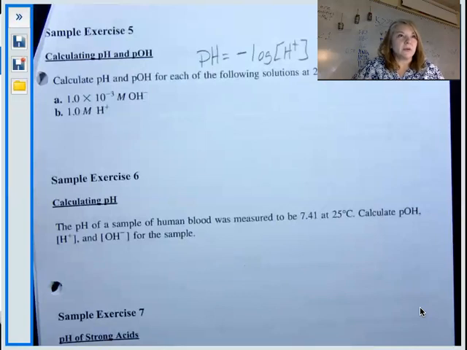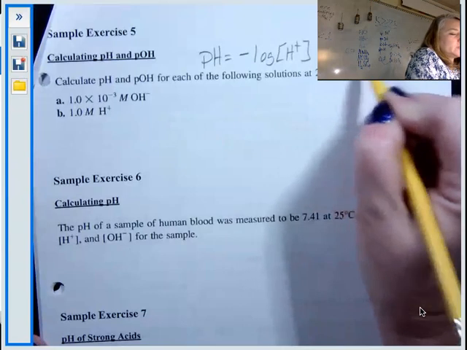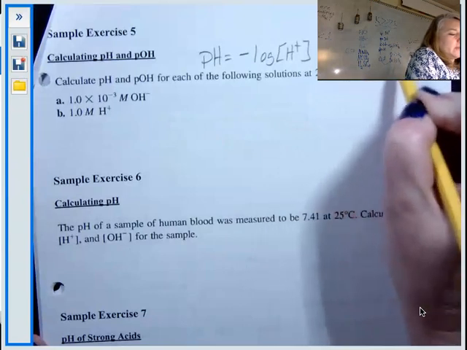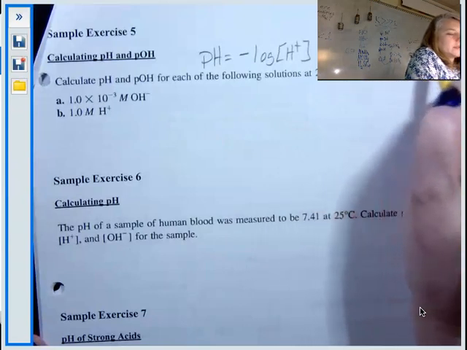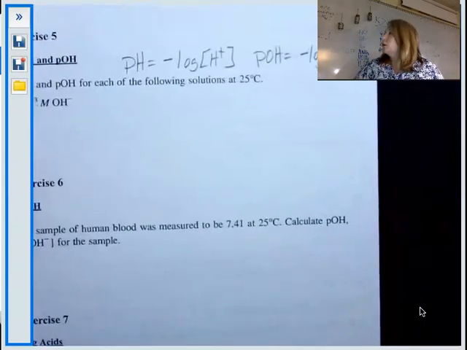They're just an exponent, right? That's all they are. Natural log is actually more complicated, but log base 10 is not a big deal. It's just your exponent. Now POH, we treat that one the same. It's just the negative log of the hydroxide ion concentration. That's all it is.